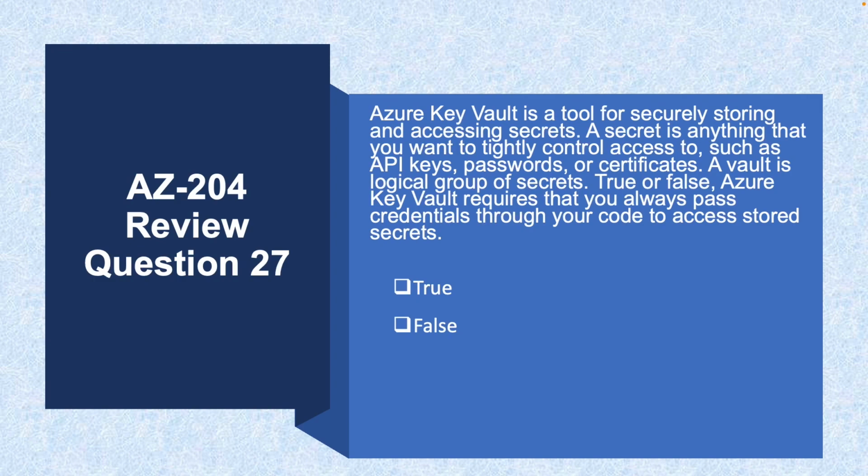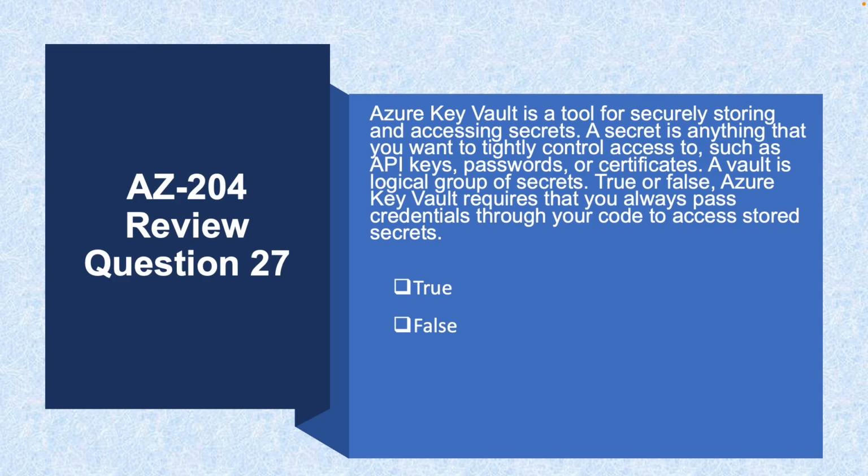Question number 27. Azure Key Vault is a tool for securely storing and accessing secrets. A secret is anything that you want to tightly control access to, such as API keys, passwords, or certificates. A vault is a logical group of secrets. True or false?